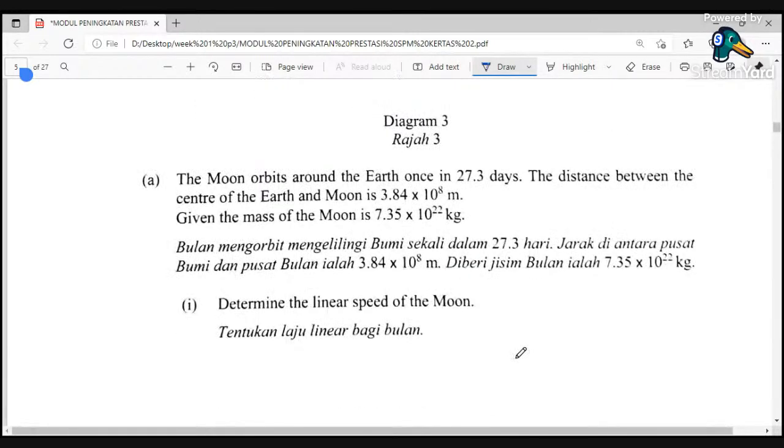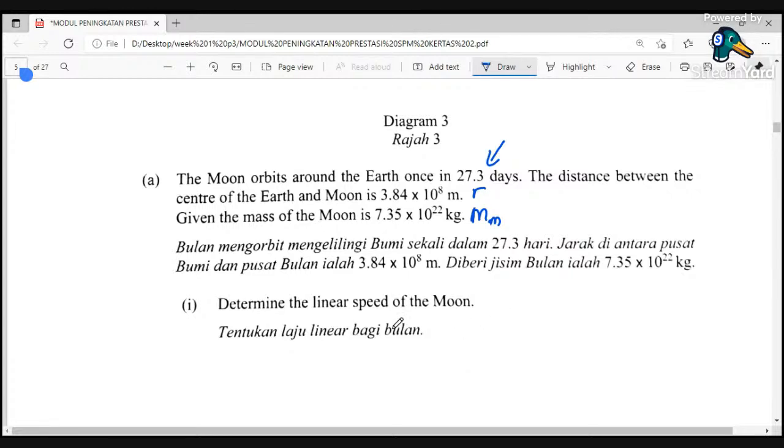The Moon orbits the Earth once in 27.3 days. So it means this is period of orbits or period of rotation. The distance between center of Earth and Moon given small r, given mass of Moon. Okay, determine linear speed of the Moon.